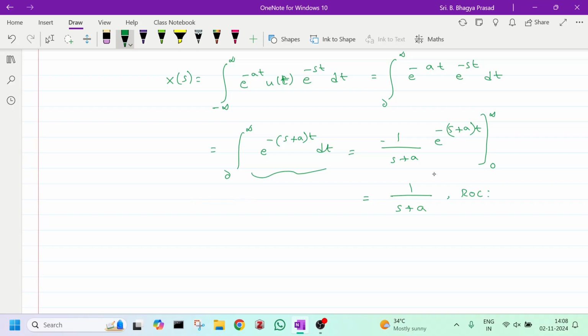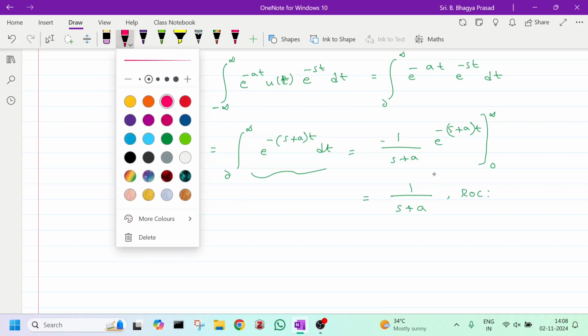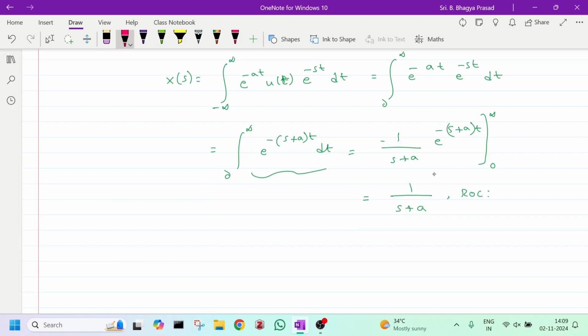Let me rewrite this one: e power minus (sigma plus a plus j omega) into t dt, so e power minus (sigma plus a) into t and e power minus j omega t.